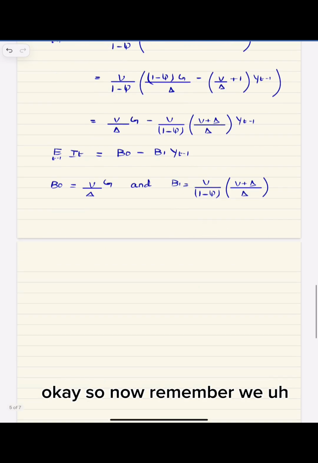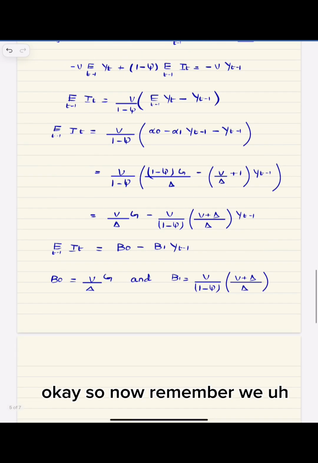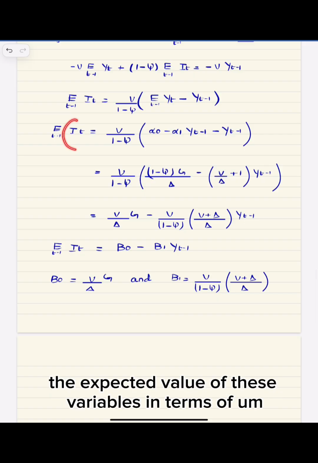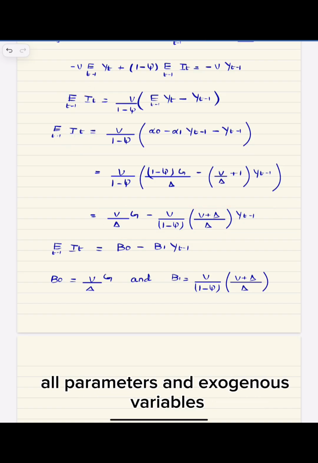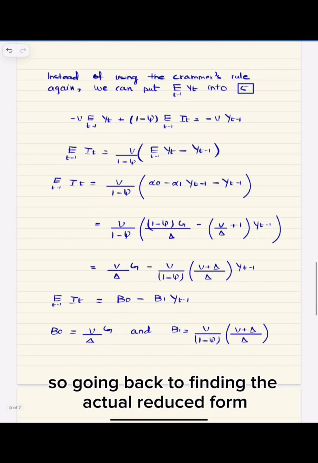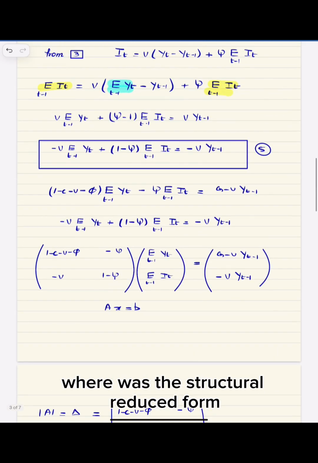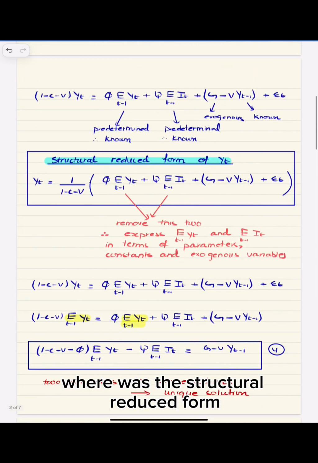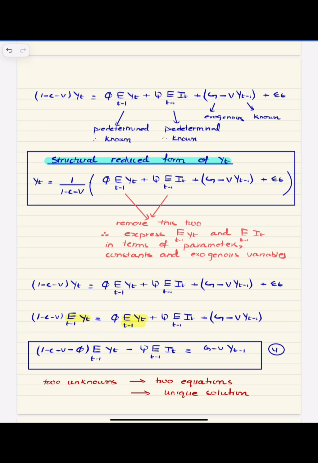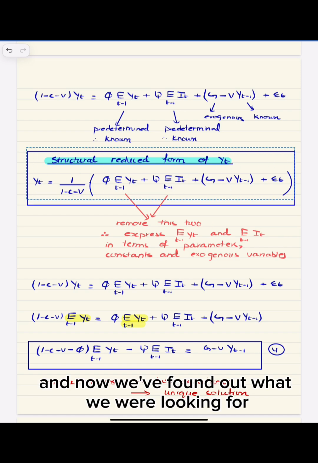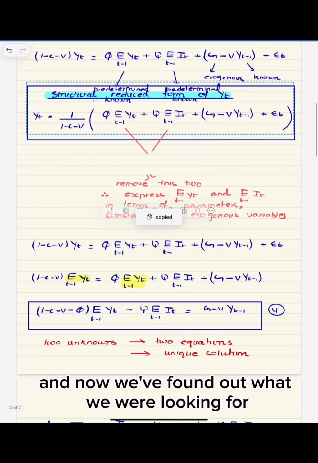Okay, so now remember we have expressed the expected value of these variables in terms of all parameters and exogenous variables. So going back to finding the actual reduced form, where was the structural reduced form? This was it. And now we've found what we were looking for. Just need to substitute.